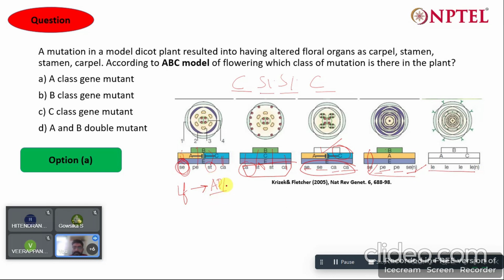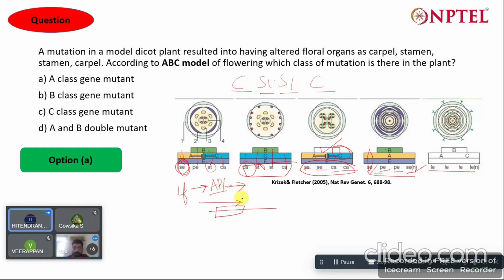Then when these genes are activated, the products that they form activate the B class genes. So it's a pathway that they act upon. It's not that these genes are arranged in a manner that they are monocistronic or polycistronic. It's the way they are acting during the development process.